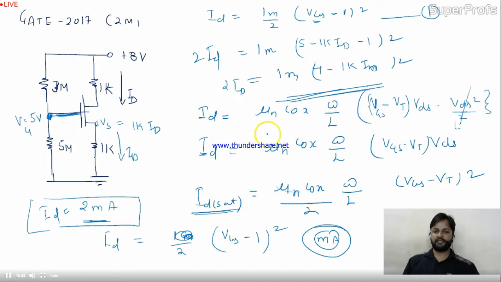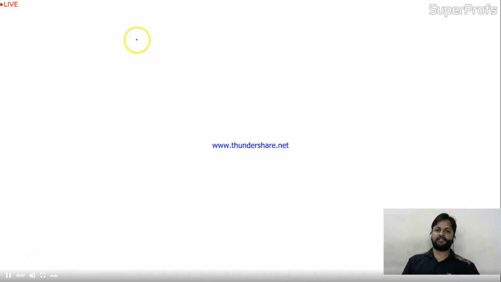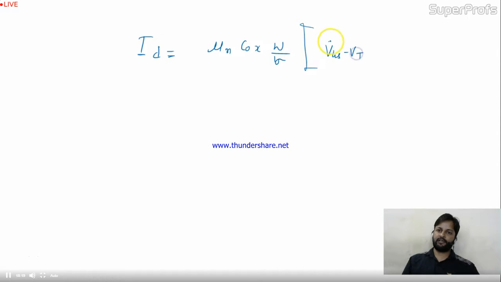You have to remember these equations. I'm telling you these equations again. The MOSFET current ID is given by mu n COX W by L inside (VGS minus VT) into VDS minus VDS square by 2. Is it okay to you?